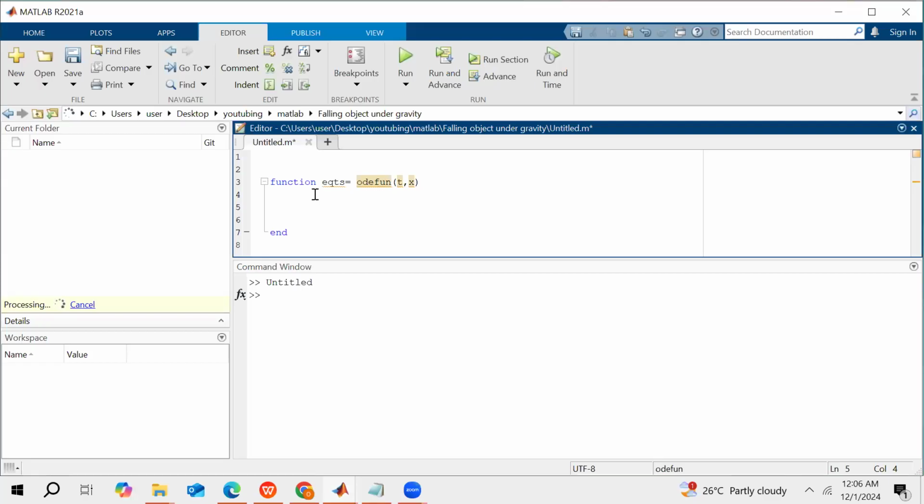I have two variables, which is the displacement variable x of 1 and the velocity variable, which is x of 2. Then I can write my equation 1 to be equal to minus b. And I can write my equation 2.